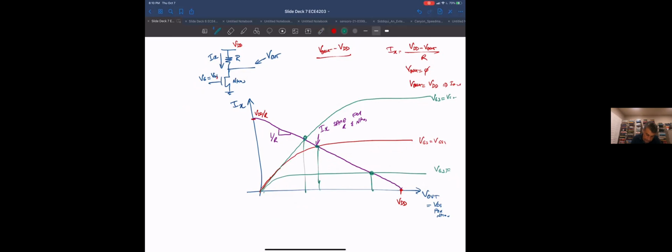I'm saying the only permissible points are where the two curves cross, because the currents have to be the same. As I change my gate source voltage, that gives me only a single value for the output voltage. That's a possible solution to the Kirchhoff's current law problem, and I'm doing it graphically.